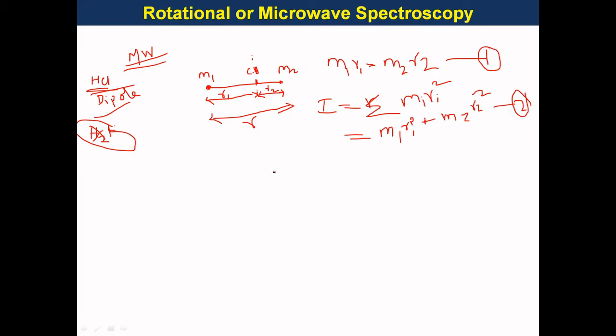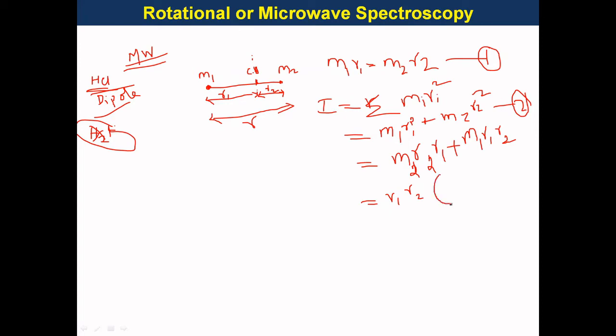Substituting the value from 1 in 2, we get I equals m2 r2 r1 plus m1 r1 r2.